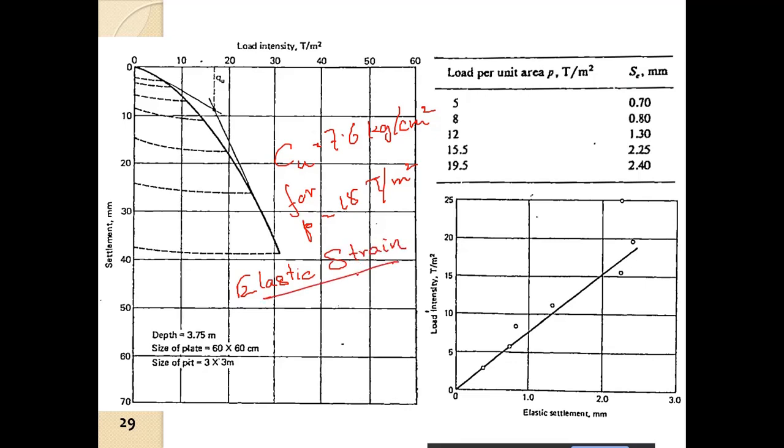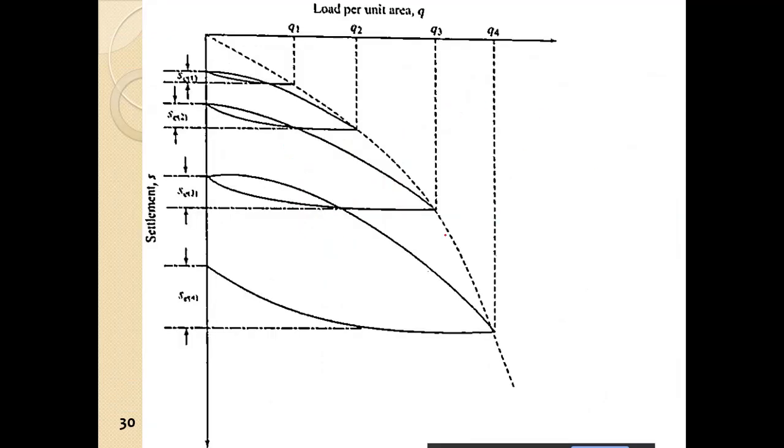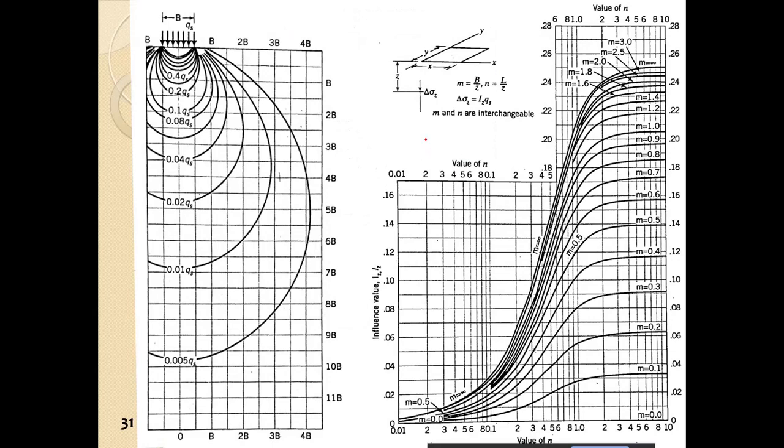So how to do that? How to find out Cu from this load settlement curve, we have already discussed. So here we have to find out what is the load increment at the center of the plate.